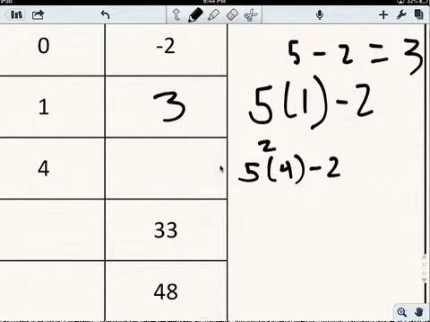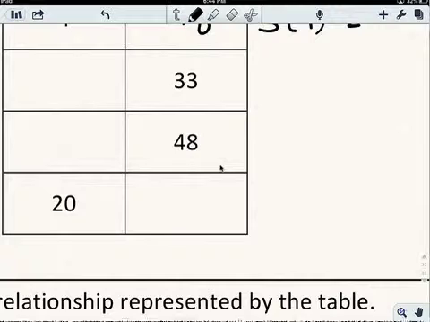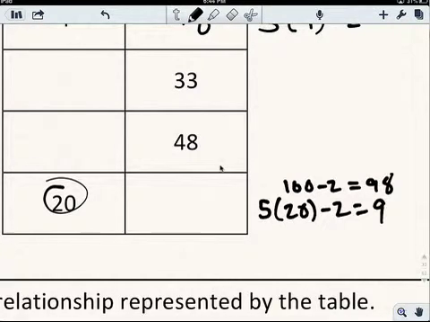So 5 times 4 is 20, minus 2 equals 18. Let's skip those two because I like using this stuff first. So let's try 5 times 20 minus 2. 5 times 20 is 100, minus 2 is 98. So that's got to be 98 there.